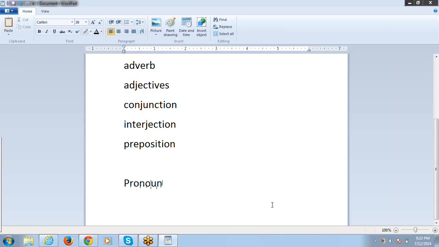Okay, I write pronoun. What is the second thing? The verb. Okay, I write the verb. Then what is the third thing that comes in a sentence? Noun. Okay, then you have the noun.